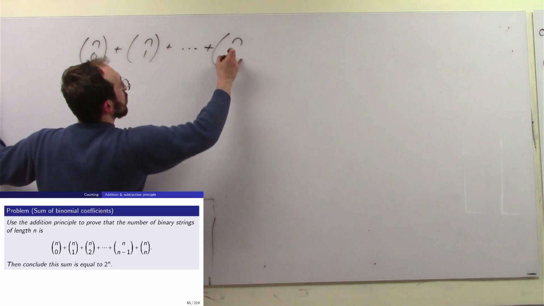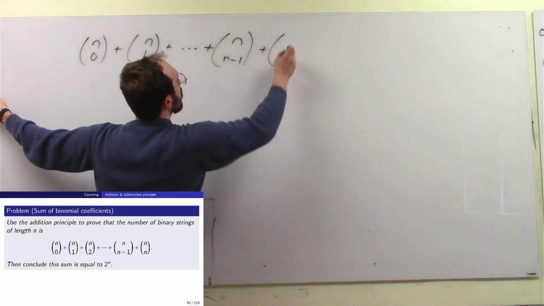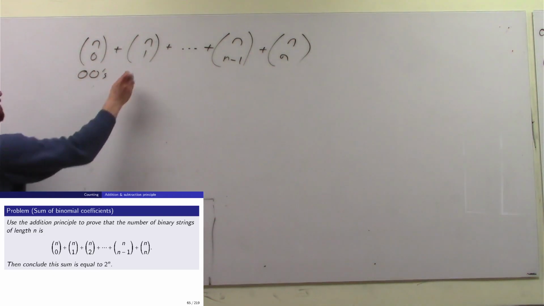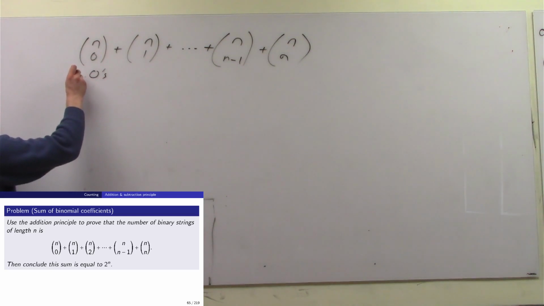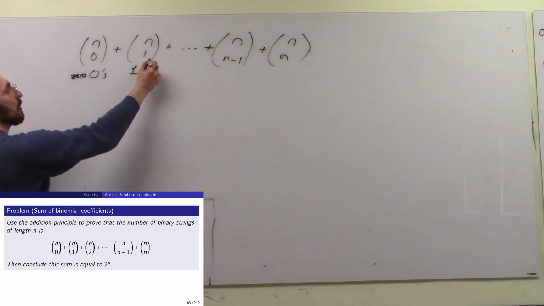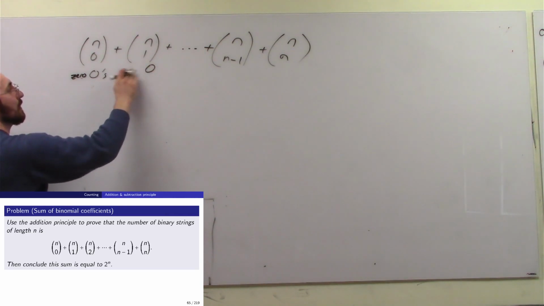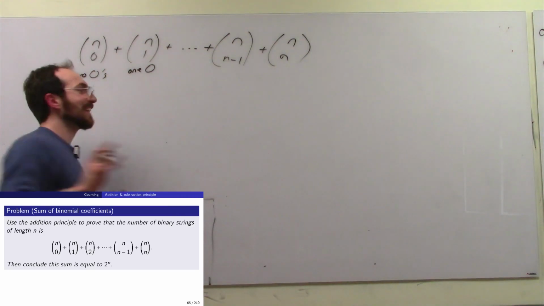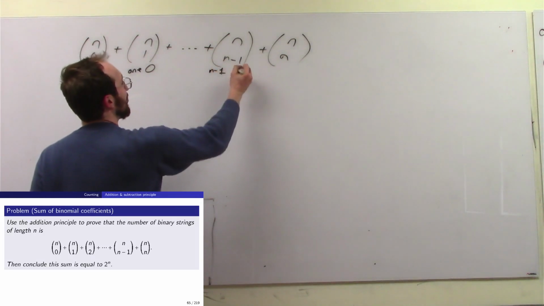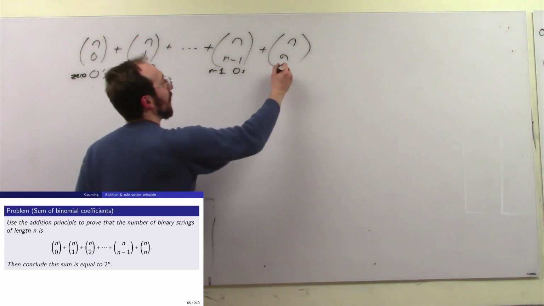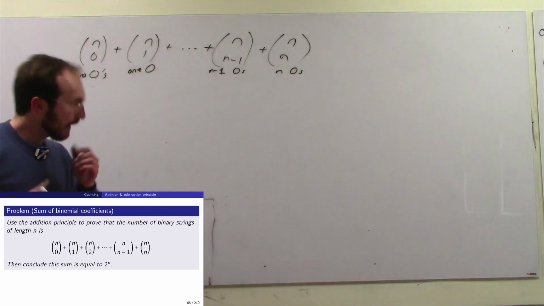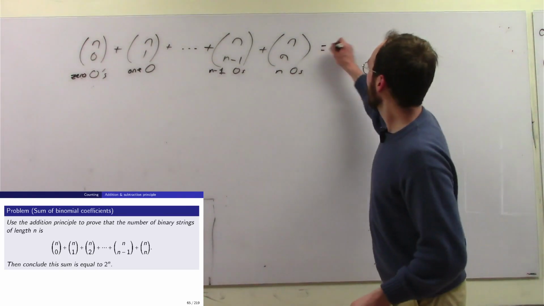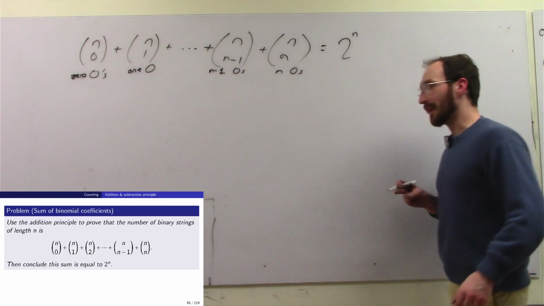You have 0 zeros, 1 zero, and so on, n minus 1 zeros, or n zeros. And if we decide how many zeros we have and count all possible ways to do it, that will give us all of our binary strings.